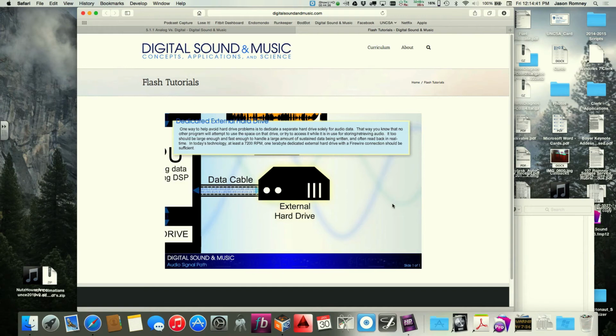And so in their specifications, they said, look, if you're going to use an external FireWire drive, it has to be an Oxford chipset, or we won't support it. And so I've now relayed that same information to you guys when I make you buy your FireWire drives. I say, if you're going to get a FireWire drive, make sure it's got the Oxford chipset, so that's the one that is proven to be most reliable for sound.